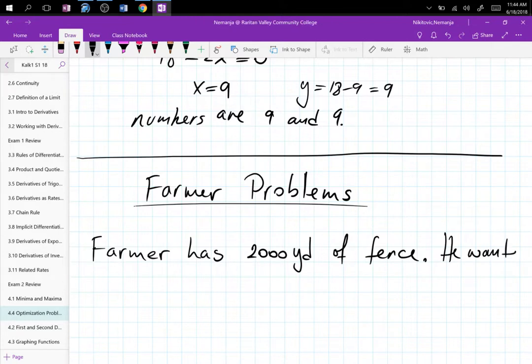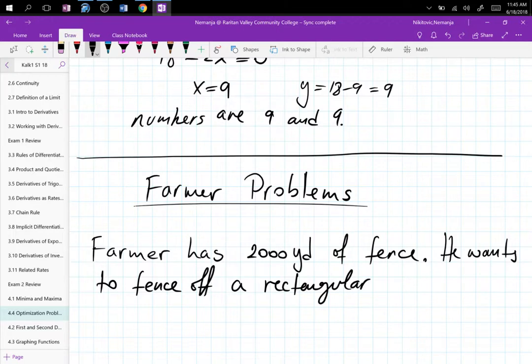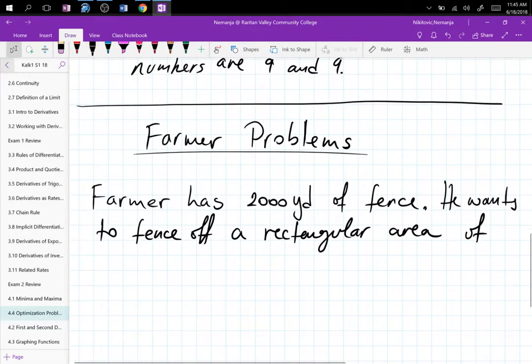He wants to fence off a rectangular area of maximum area. I don't know how to say this differently.